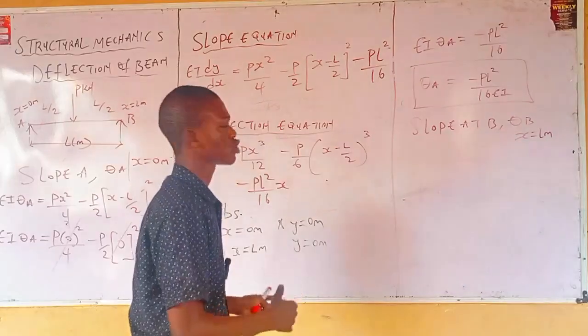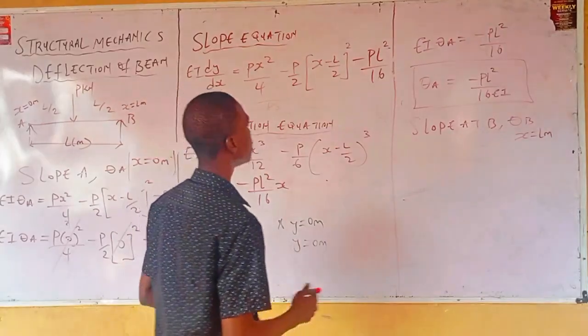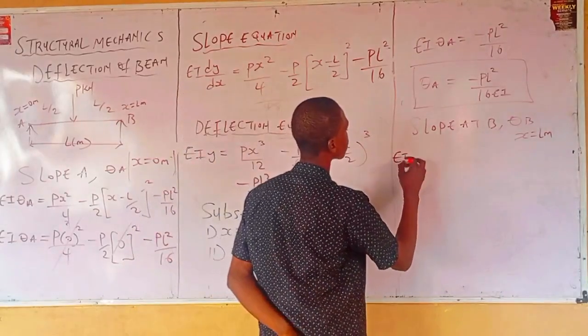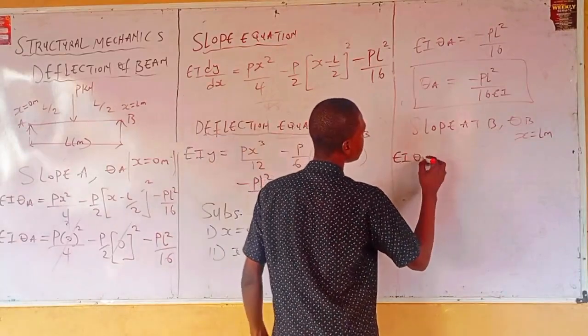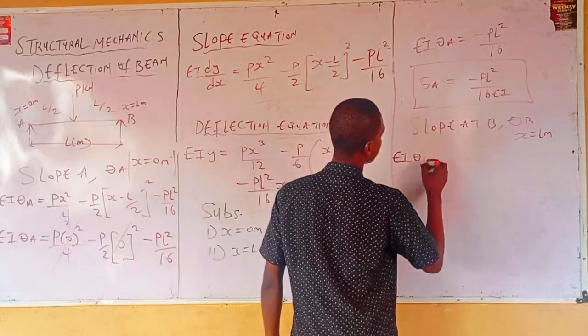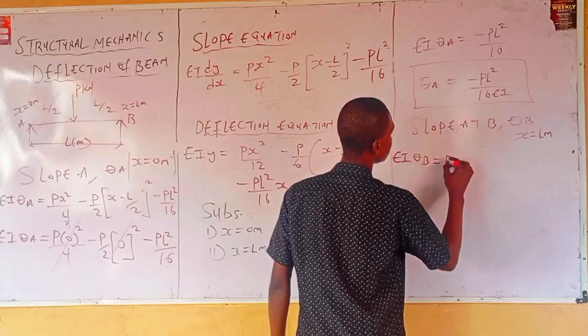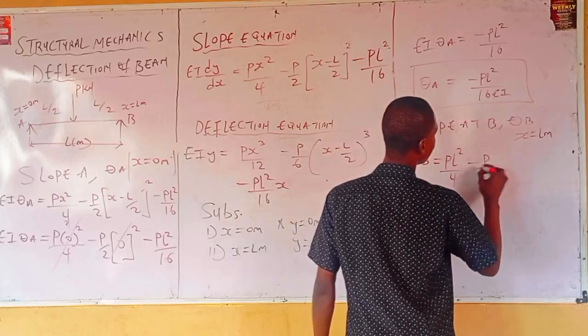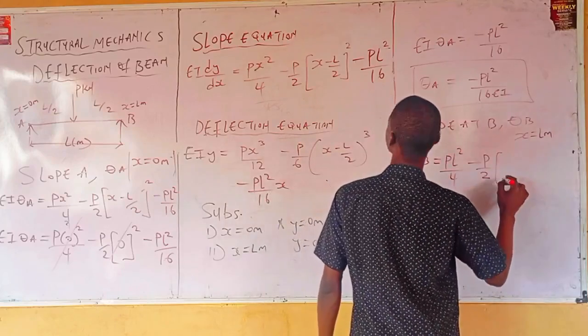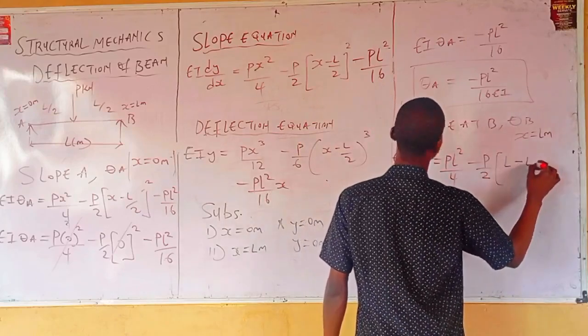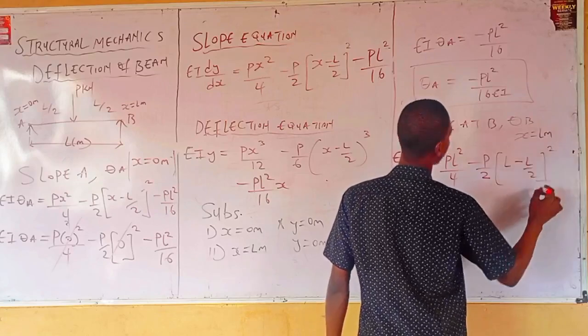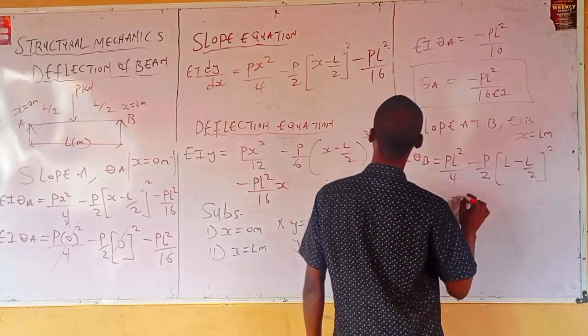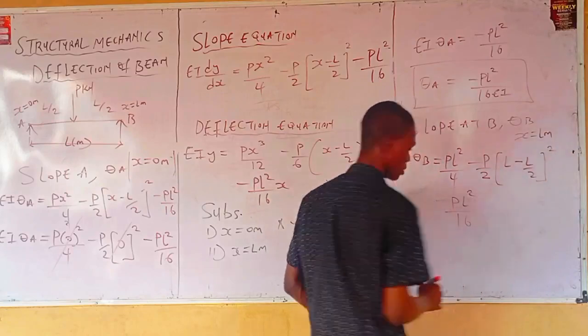Anywhere you see x, substitute the value of x to be L, then it becomes EI theta B equals PL squared divided by 4 negative P over 2 all into bracket L minus L over 2 all squared, negative PL squared over 16.